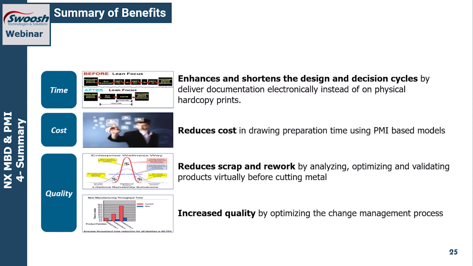Also, we can reduce scrap and rework by analyzing, optimizing, and validating products virtually before cutting metal. This is going to allow us to increase quality by optimizing the change management process here. So in summary, we have time, cost, and quality variables here that are going to be much improved based on the use of PMI and model-based definition on our parts.